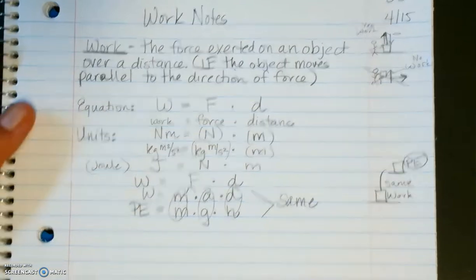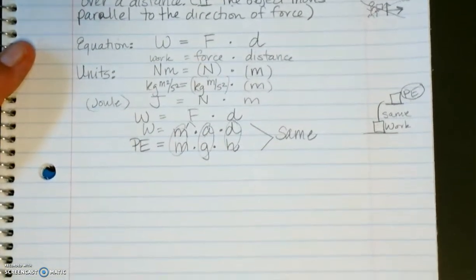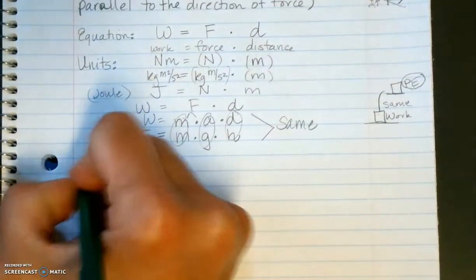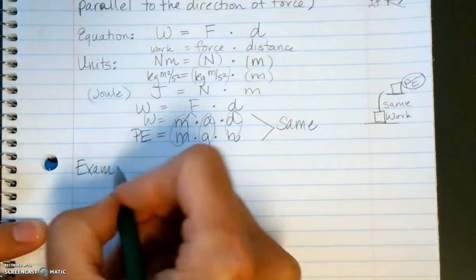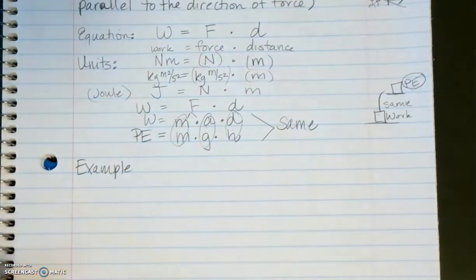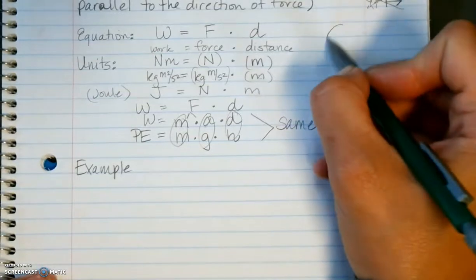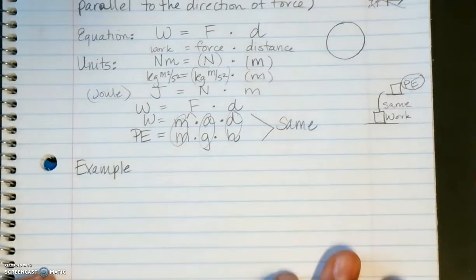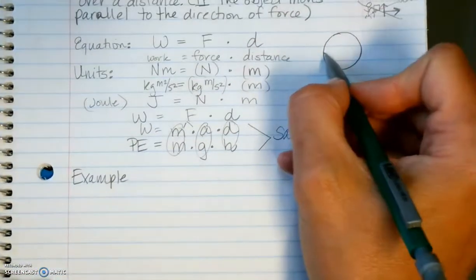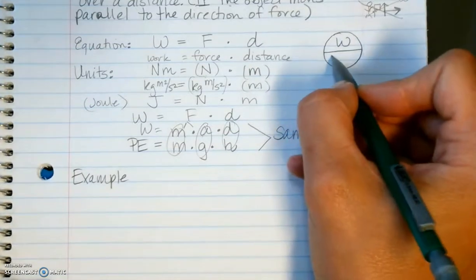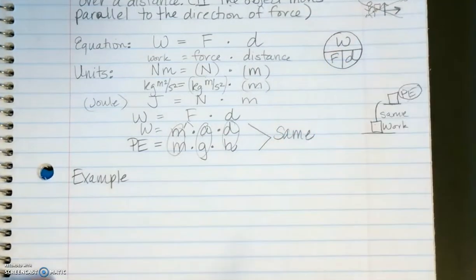So let's do an example of solving. We'll start with the basic work problem and then mix it around a little bit. Oh, and there is a circle. I know we all like circles. So the circle is going to be work on top, force and distance on the bottom.